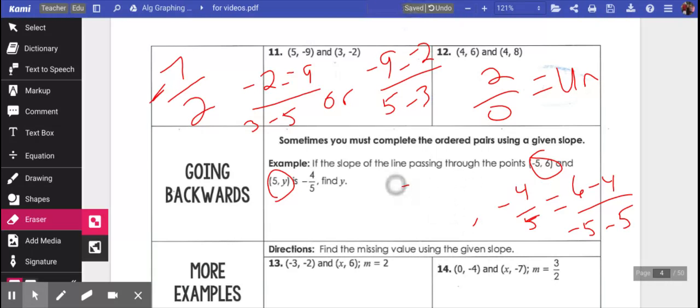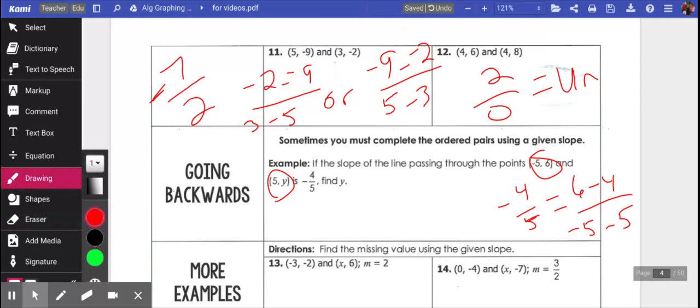And remember when we solved proportions in our equations unit? You can do 5 times 6 minus y, and it's in parentheses because it's 2 terms. So we have 30 minus 5y equals, and then we're doing -4.